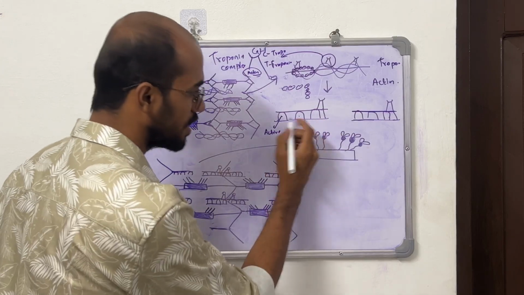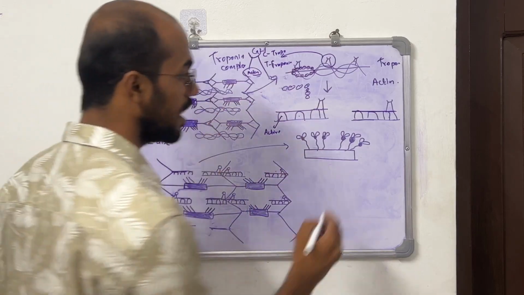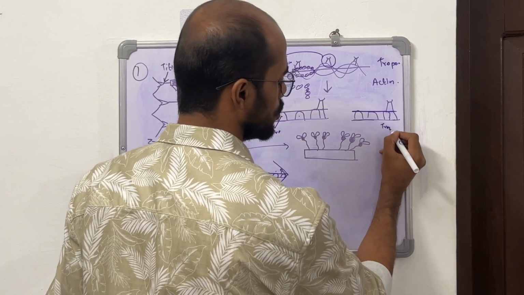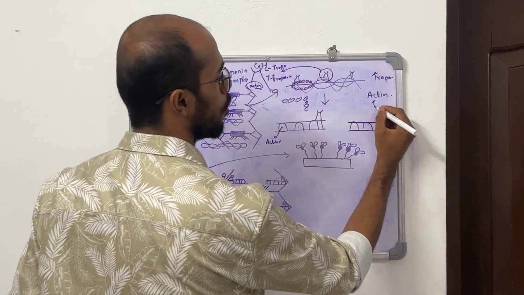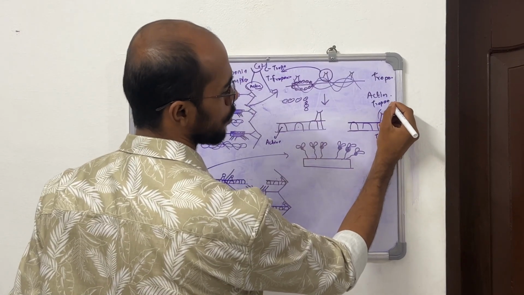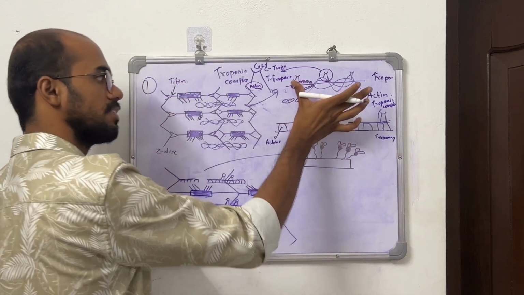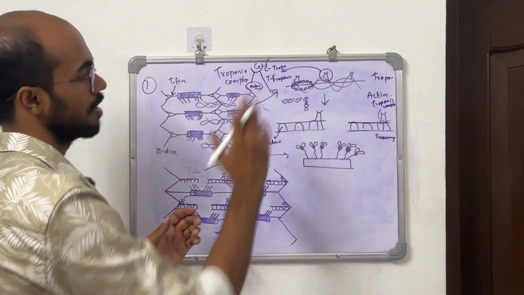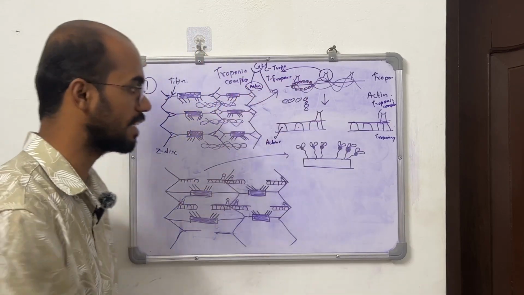And what is this line or this protein that is masking the active site? That is the tropomyosin. And what is this protein called? Our troponin complex, troponin protein complex, right? So I have simplified this actin filament or thin filament into this figure. Okay, I think it is clear now.